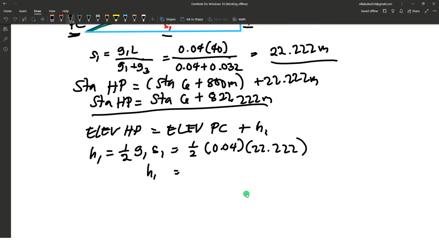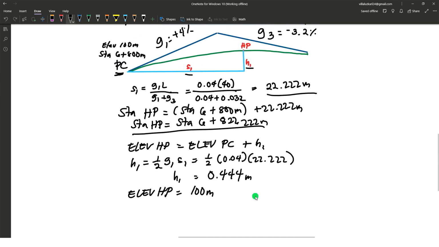So the H1 is 0.444 when we compute. So the elevation of HP is equal to the elevation of PC, which is 100 meters, plus H1, 0.444 meters. So the elevation of the highest point is equal to 100.444.